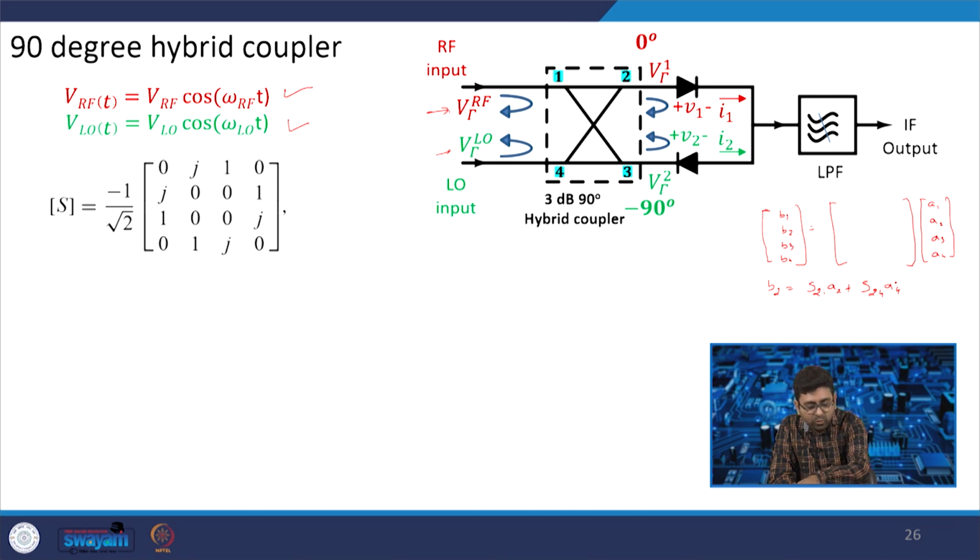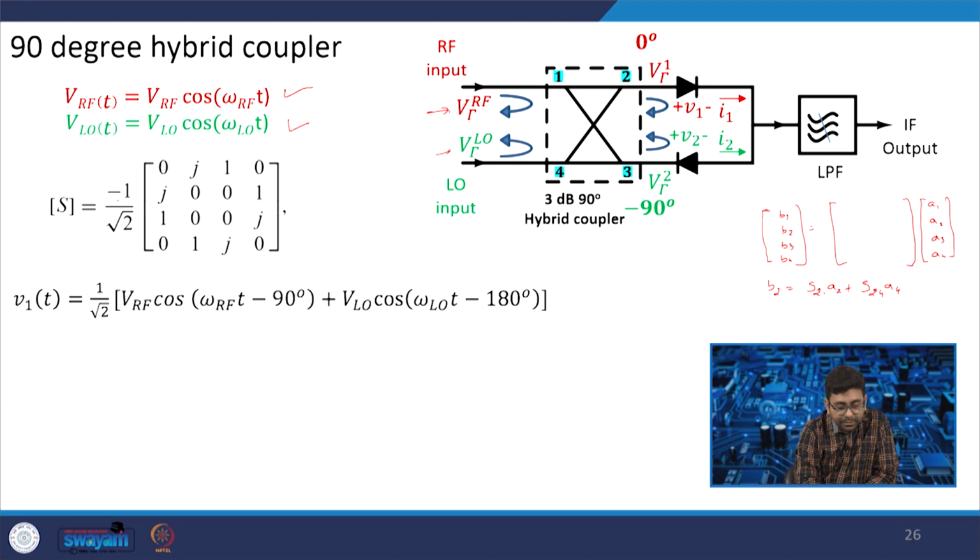Here S21 is minus 1 by root 2 into j. So, it is going to add a 90-degree phase shift. Same thing we can write for the voltage that is coming at V1.